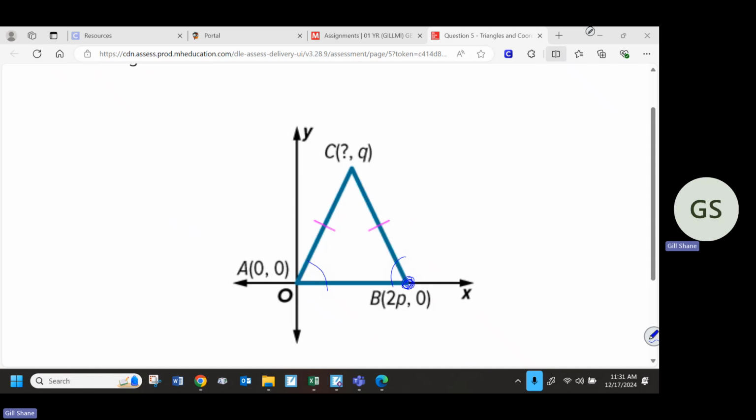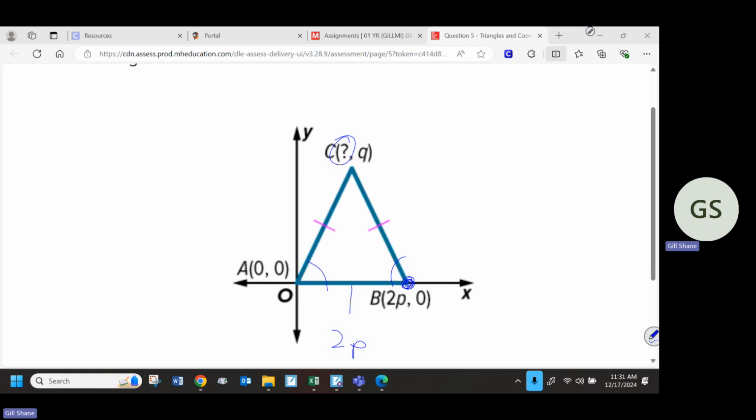I know this is at 2p. Doesn't matter that it's a variable. 2p is the x value. So the length of this bottom side is 2p. I went from 0 to an x of 2p. They want to know, though, what is that question mark? What is that x value up there? How do I do it?